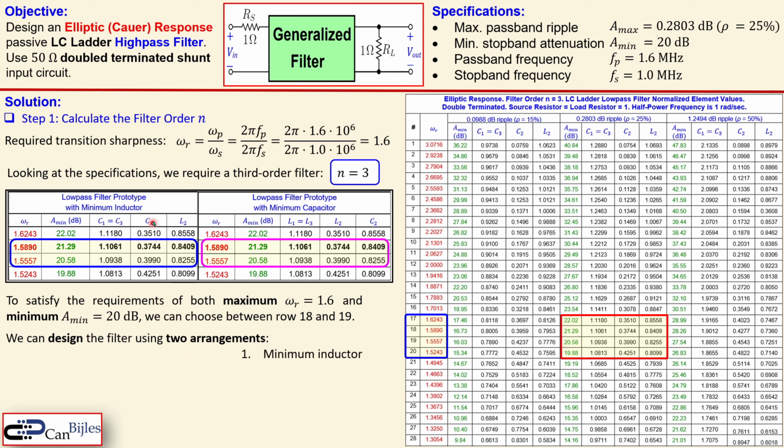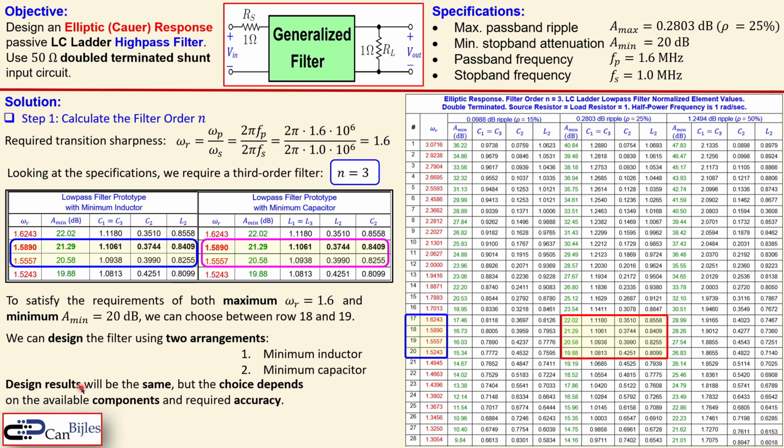One is the minimum inductor and the other one is the minimum capacitor. That means we have few inductors in one case and few capacitors in the other. And again, the design result will be exactly the same. This is just a choice depending on the available components and also the required accuracy. So we'll select in this case the second row from each table. We will also look at the circuit for both arrangements.